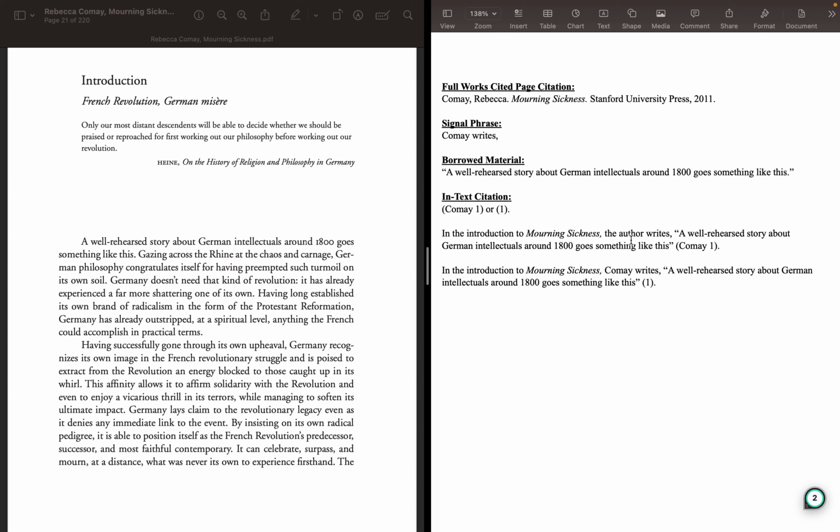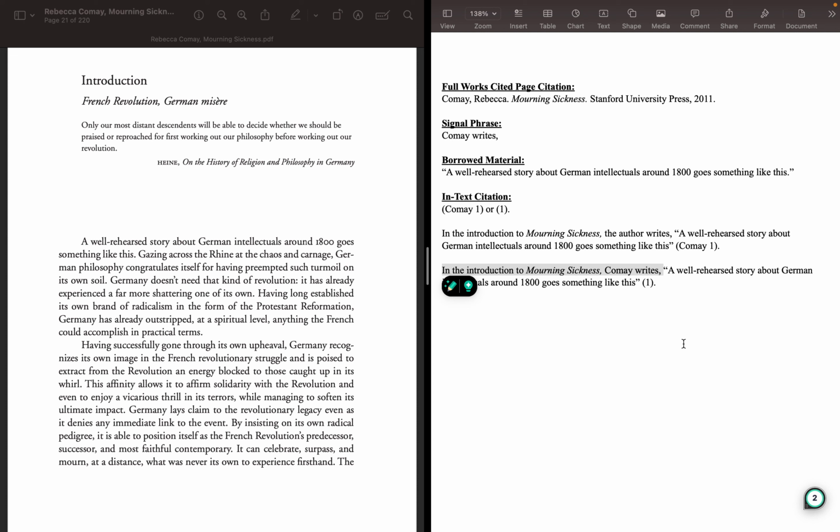So here's an example where I don't mention the author by name in the signal phrase. In the introduction to Morning Sickness, the author writes. Because I use the language the author, I provide their name in the citation. Here is the same example, but for this example, I use the author by name.